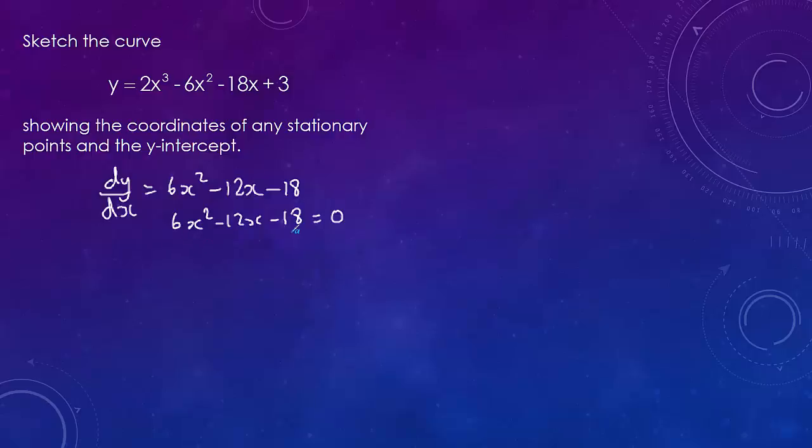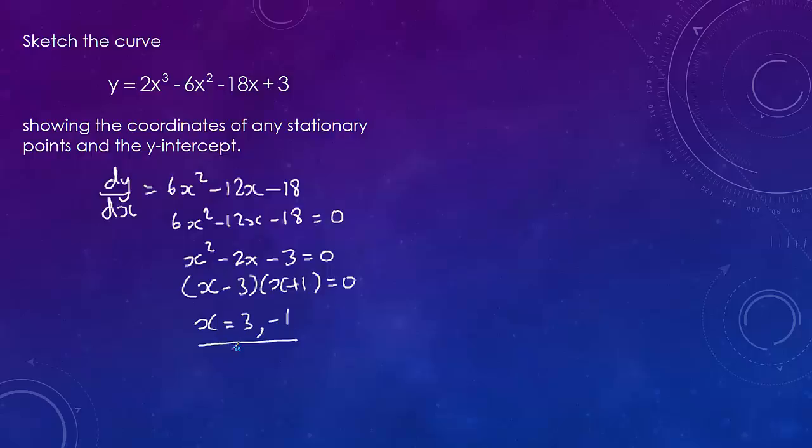We can divide through by 6 here. We'll have x squared minus 2x minus 3 is equal to 0. So that would give me x minus 3 and x plus 1. So x is equal to 3 or negative 1. So that's where we have turning points.